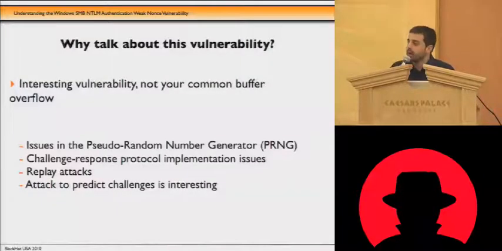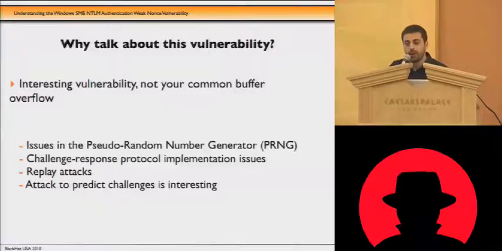Besides that, we also think that from a technical standpoint, this is kind of an interesting vulnerability, because we're not talking about something that is more common to find nowadays, like buffer overflows, integer overflows, or things like that. But this vulnerability or series of flaws has to do with issues in the pseudo-random number generator used by the implementation of NTLM, that we think is pretty interesting.